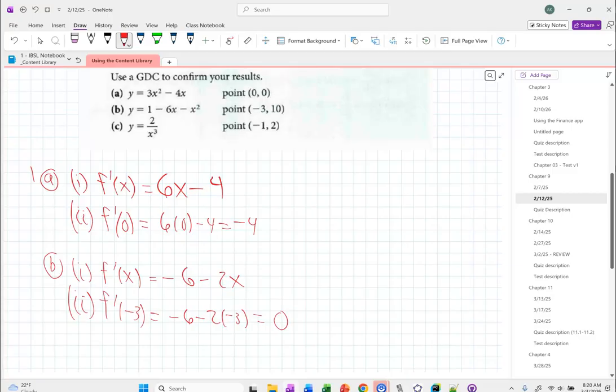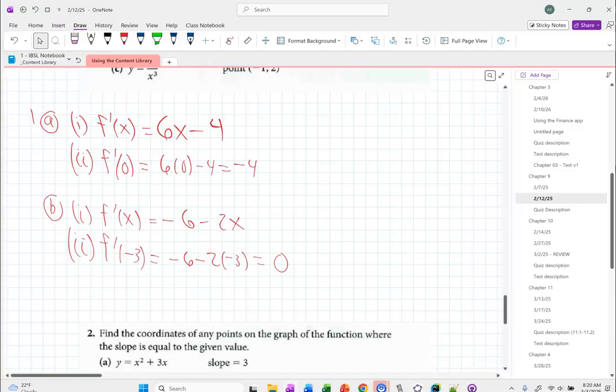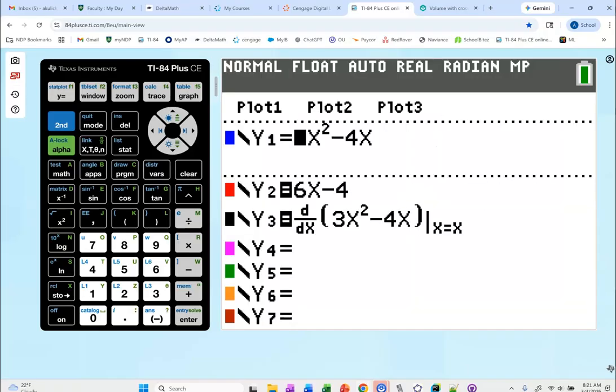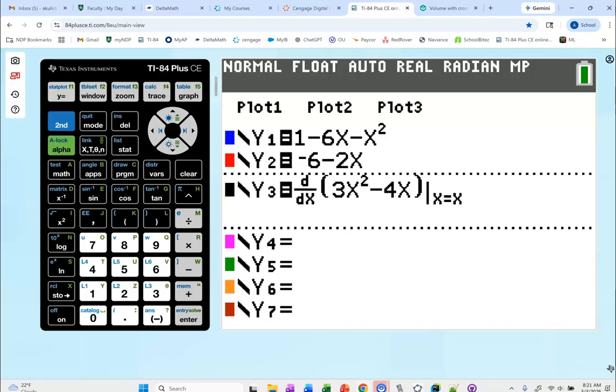Everybody good with what we did here? If you're not, speak up. Okay. Let's do the graph then. And our answer was negative 6 minus 2x.